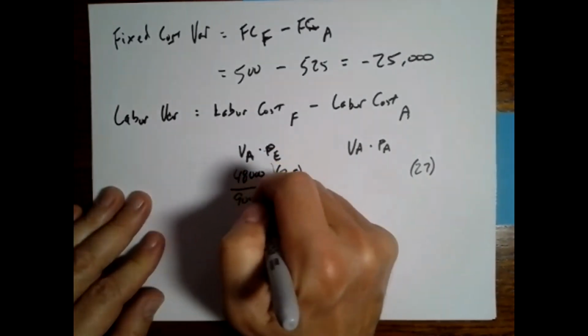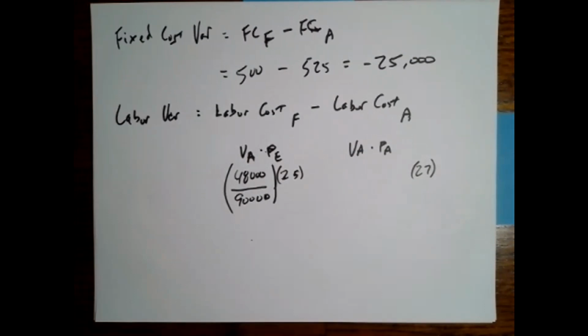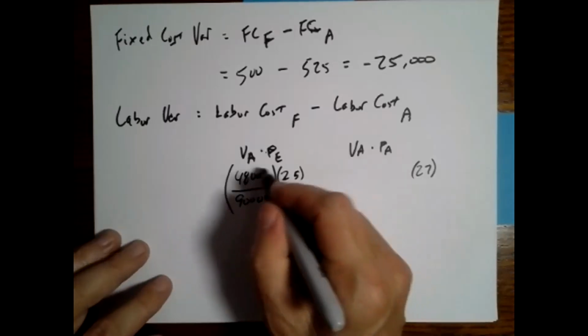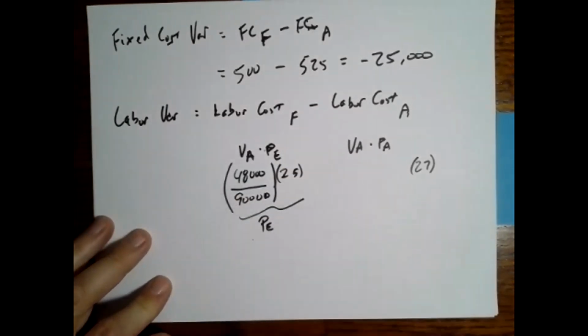Both of these numbers come from page 283. The 48,000 hours from section 3, part A, divided by total expected visits from section 1, part C. So this combined gives us our expected price per visit.